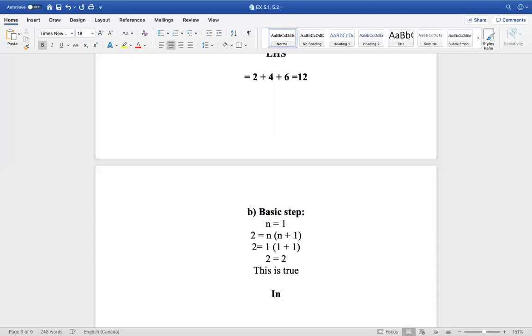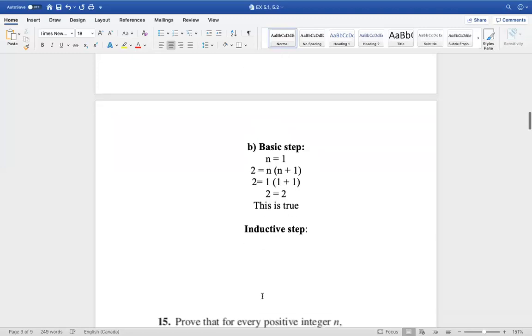Now we will take the inductive step. In the inductive step, we'll go one step forward. We assume that if it is true for some n, then it's also true for n plus 1. Okay, so this is how we do the inductive step.